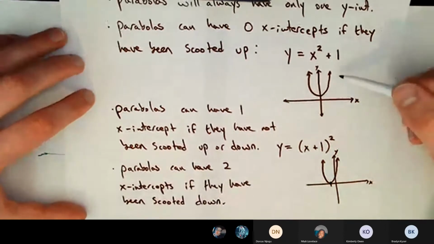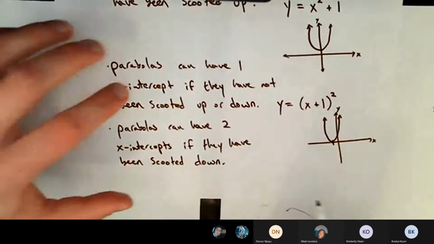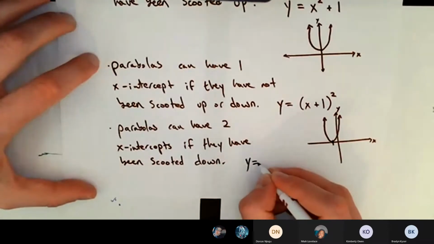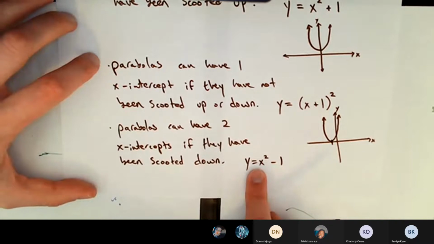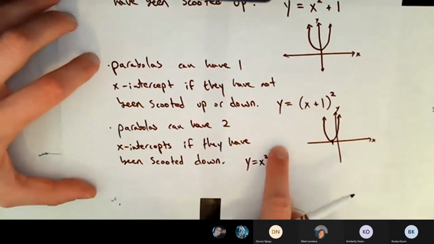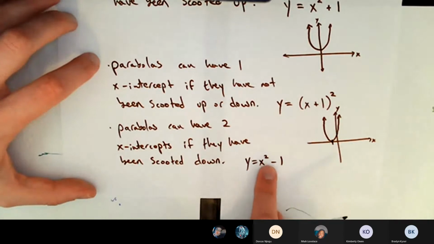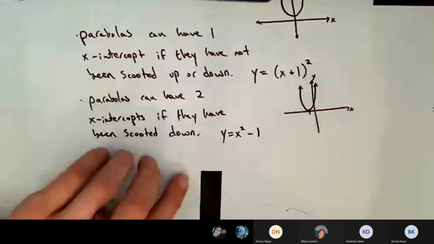So we've got the scooted up case, the scooted just left or right, not up or down, case, and then the scooted down case, which is going to be something like y equals x squared minus 1 outside, right? Not next to the x, because if it's next to the x, that's this way. If it's outside the x squared, that's up or down, and since it's a negative, it's down.